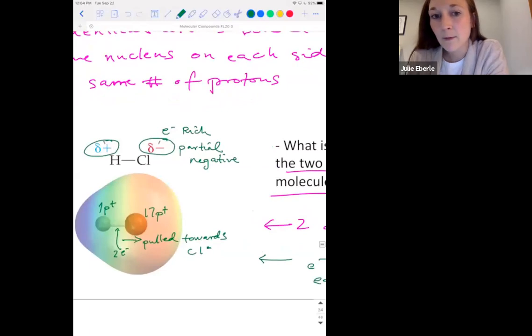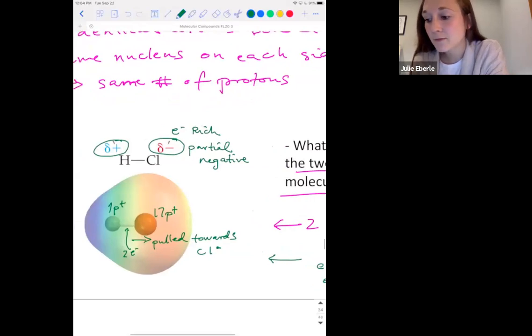This red sign right here, delta minus, it's a lowercase Greek delta. The squiggle with a minus, we call this a partial or a semi-negative. We're not talking about ions, anions and cations here. That is when electrons are fully traded. But it's just that the electrons are closer to the chlorine, which gives it more of a negative charge. Okay, so we say it's partially negative.